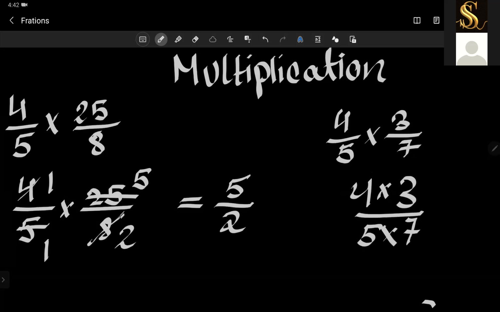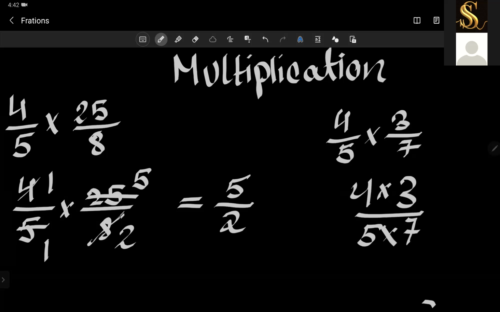Now, if you have a mixed fraction, convert it into an improper fraction and then solve. So now let's move on with the division of fractions.